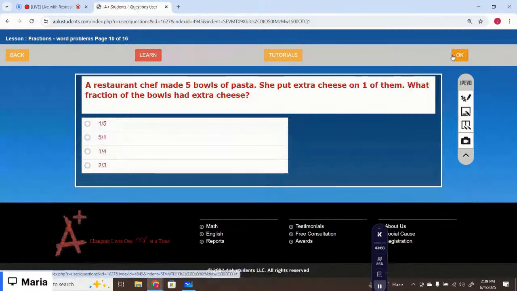A restaurant chef made 5 bowls of pasta. She put extra cheese on one of them. What fraction of the bowls had extra cheese? So, which is the correct option?